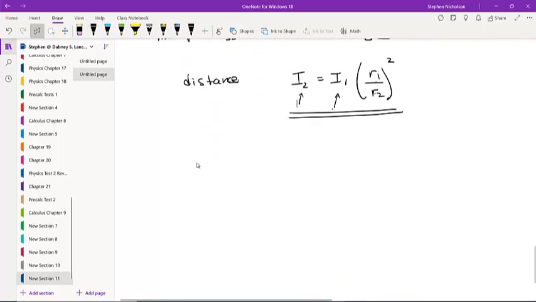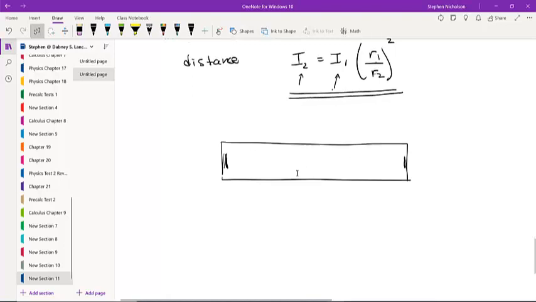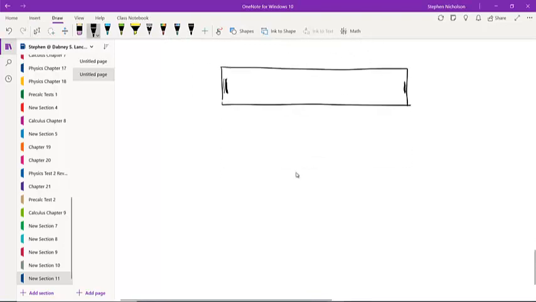And then the final thing is tubes, and we said we'd only deal with tubes open at both ends. So if you have a tube and you have some way of putting sound energy in the neighborhood of this tube, what will happen is you get a standing wave inside the tube.